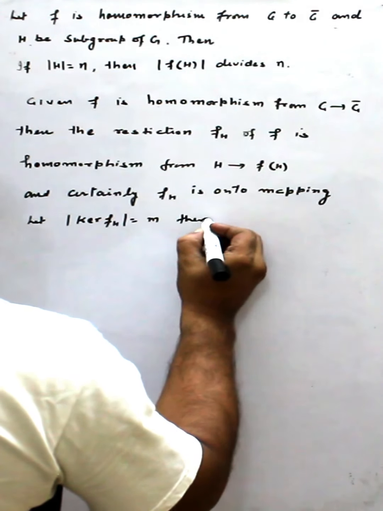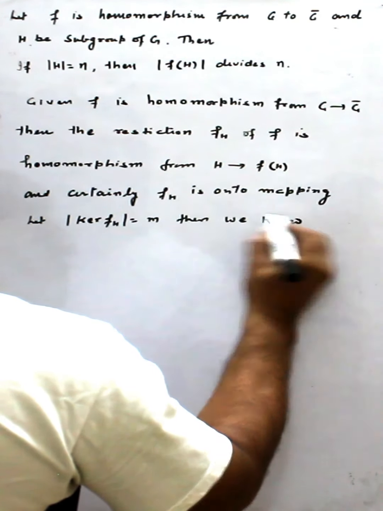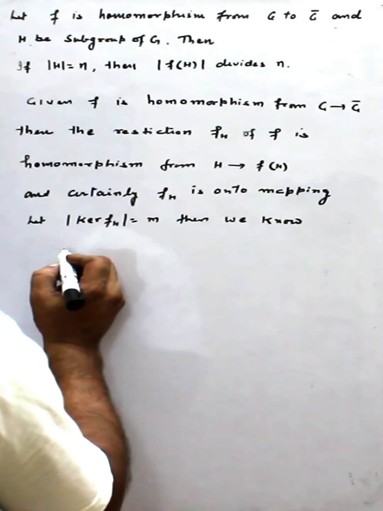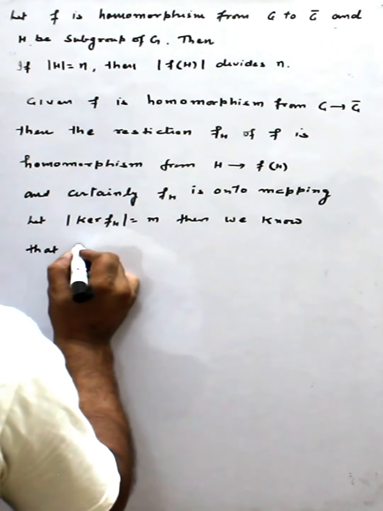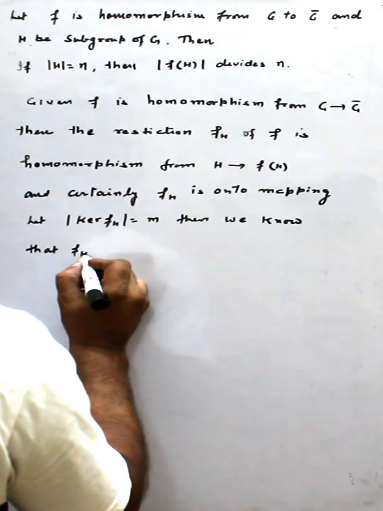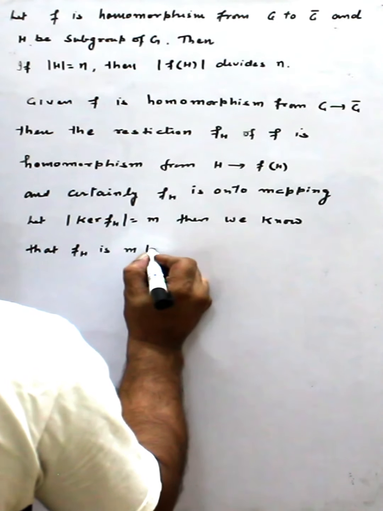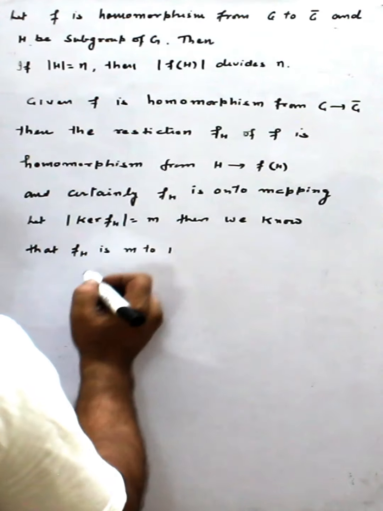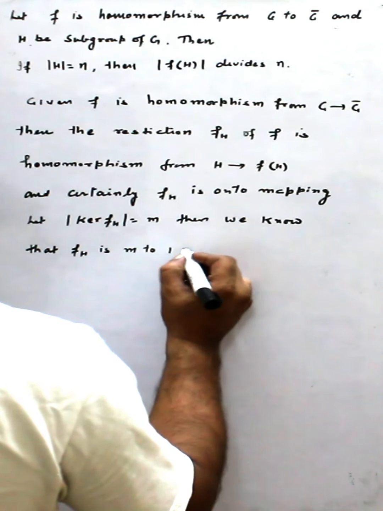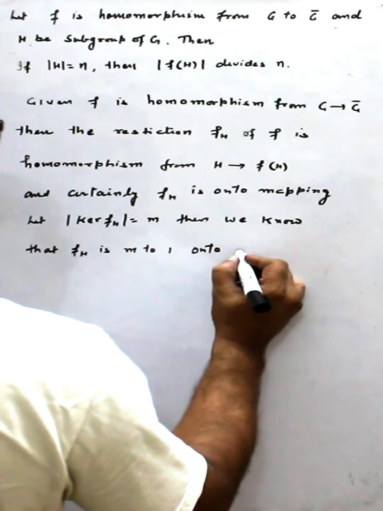Then we know that F_H is an M to 1 onto mapping, because in the kernel the number of elements is M.